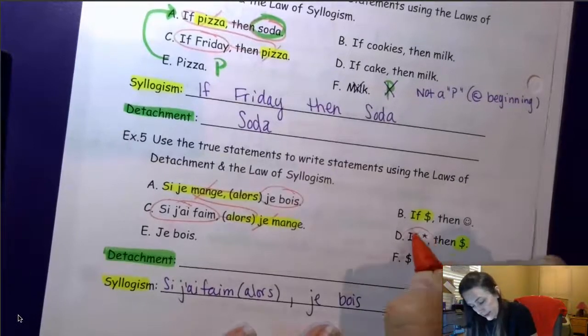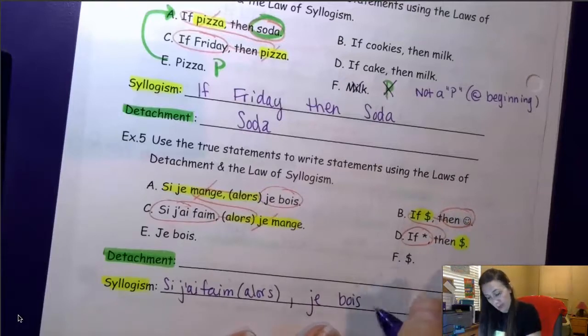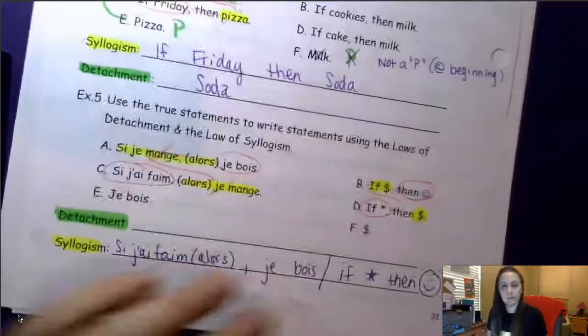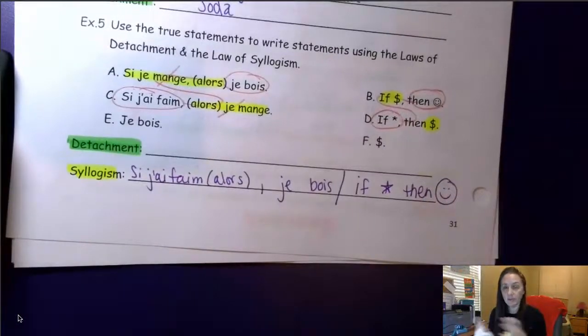So again, I can still take this. So I can have two sometimes. And now I'm going to say, well, if star, then smiley face. So again, you're just mashing the P's and Q's. That's your syllogism. It's like your transitive property of P to Q, of Q to R. Match the very beginning to the very end.